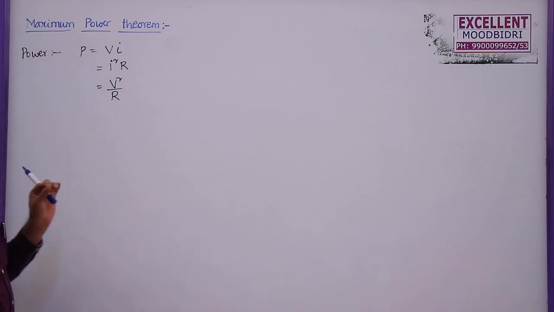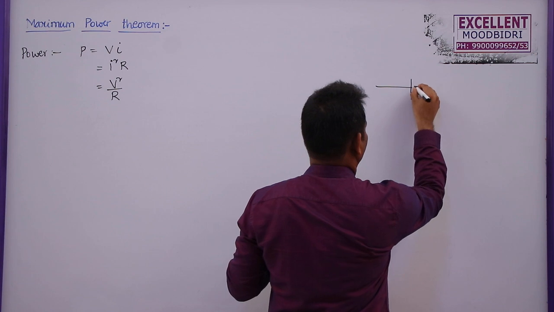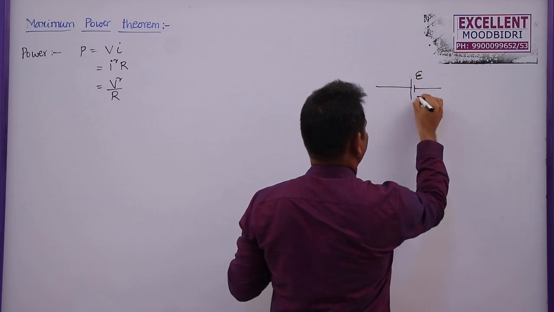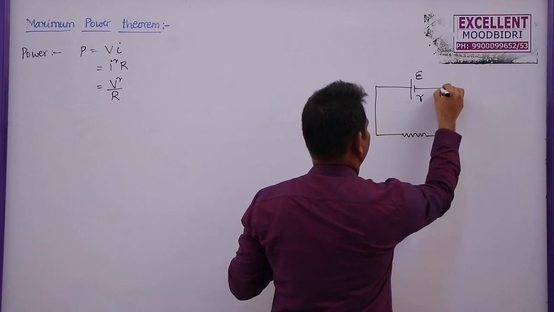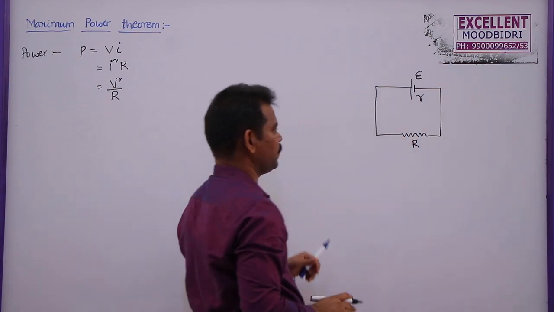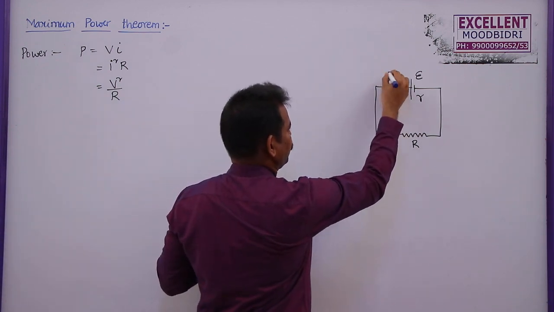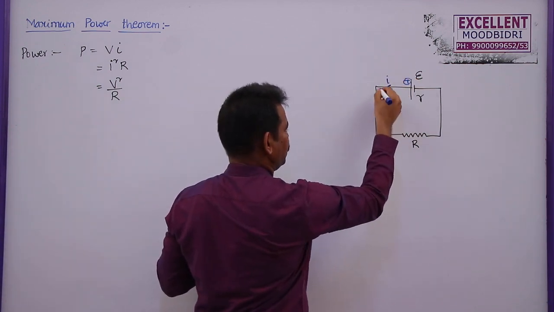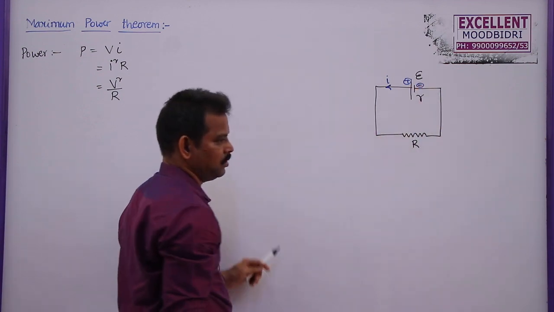Now, if you take a simple DC circuit, direct current circuit, here I am going to take a small battery of EMF E with internal resistance r connected to an external resistor of resistance capital R. Now, in this circuit, we know that current will come from the positive terminal of the battery, pass through this resistor and enter into the negative terminal.